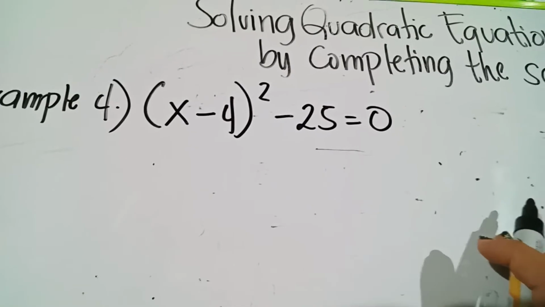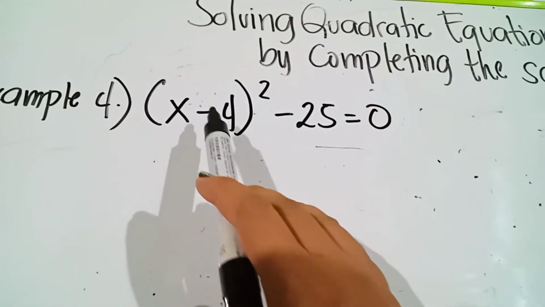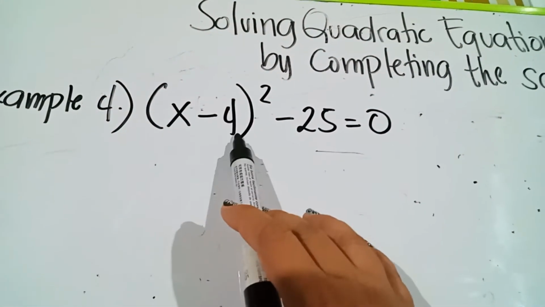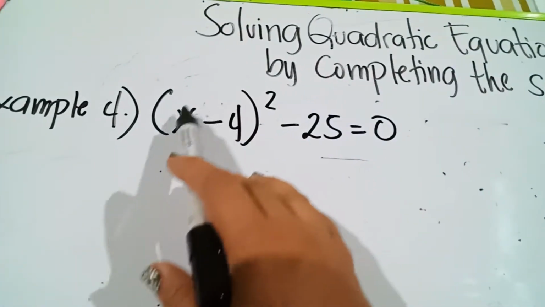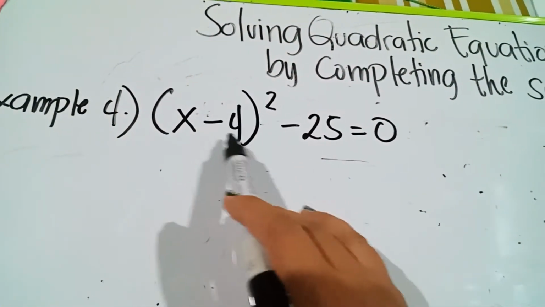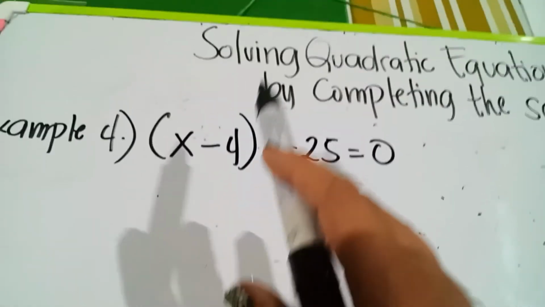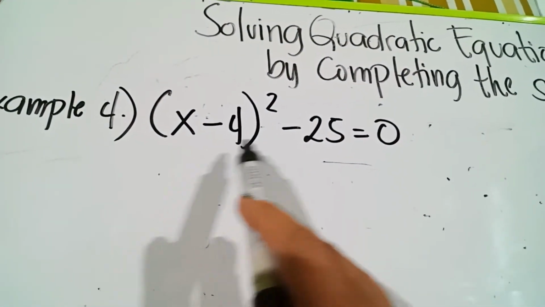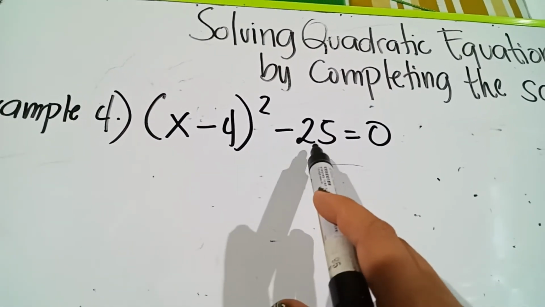Yung goal natin ay kailangan ma-isolate natin si x minus 4 squared. Kasi itong x minus 4 squared, yan ngayon yung magiging value ni k. Okay, so ano yung kasama niya? That is minus or negative 25.